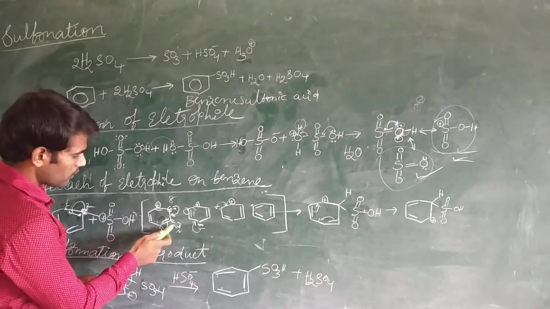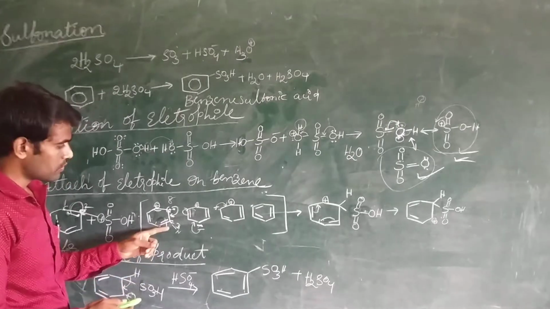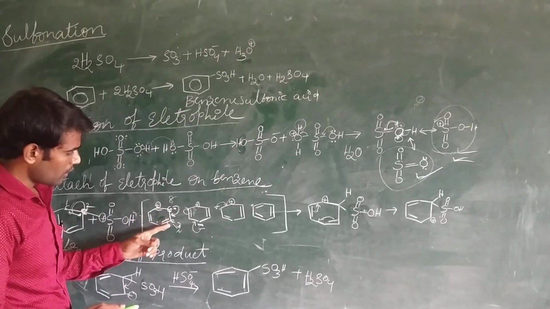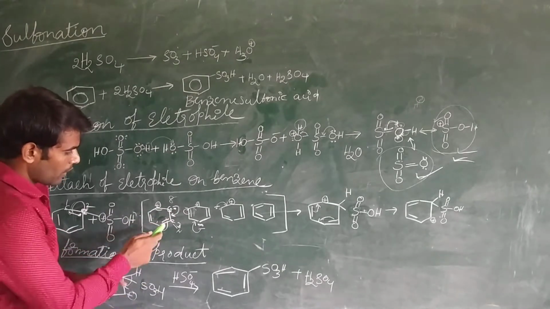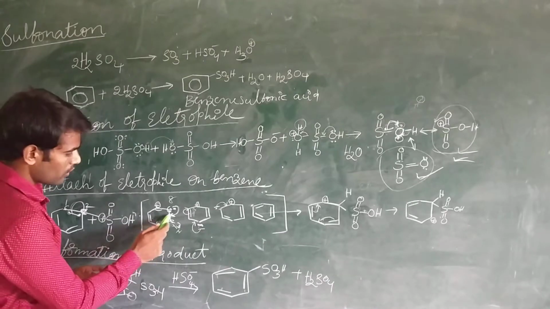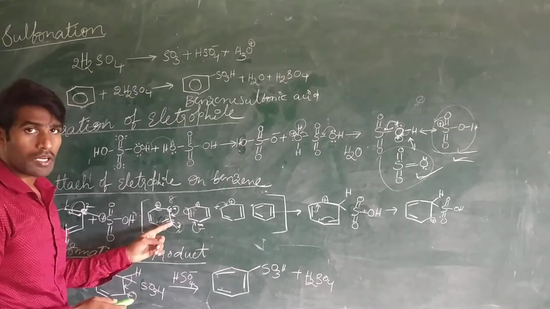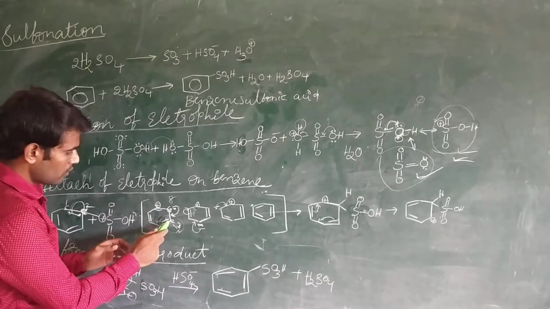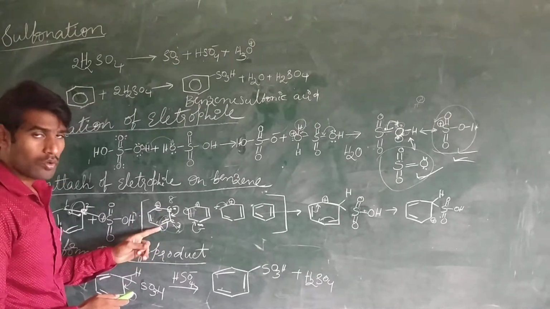Even though these electrons are moving and this carbon has 8 electrons, more and more density is located on the third carbon. That's why the third carbon is now pushing its electrons towards the fourth carbon.